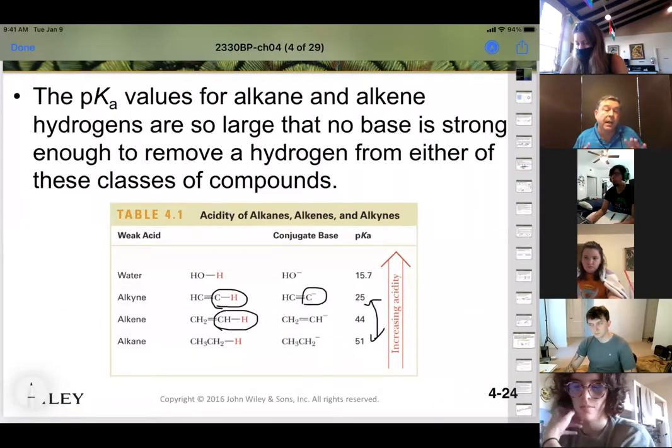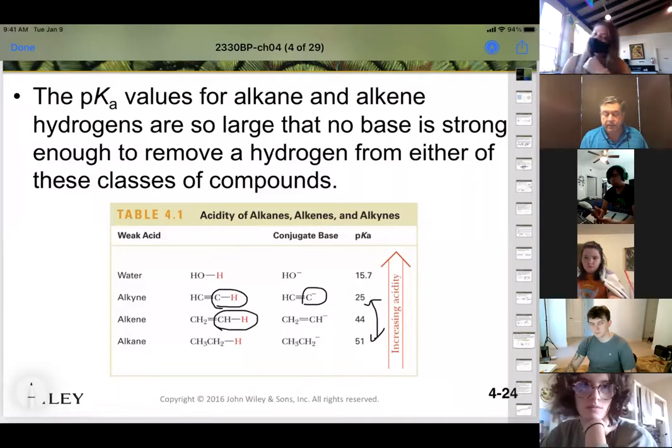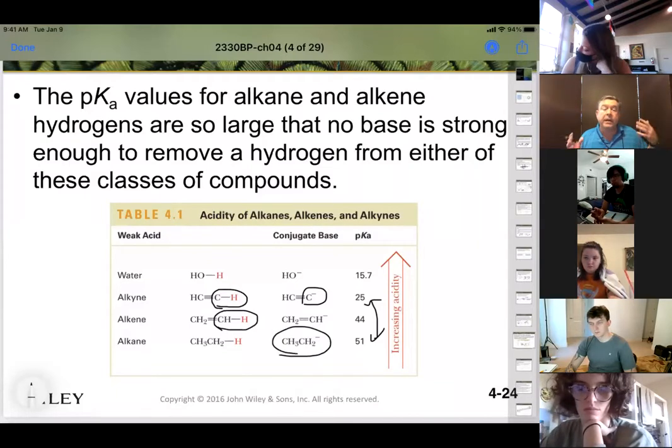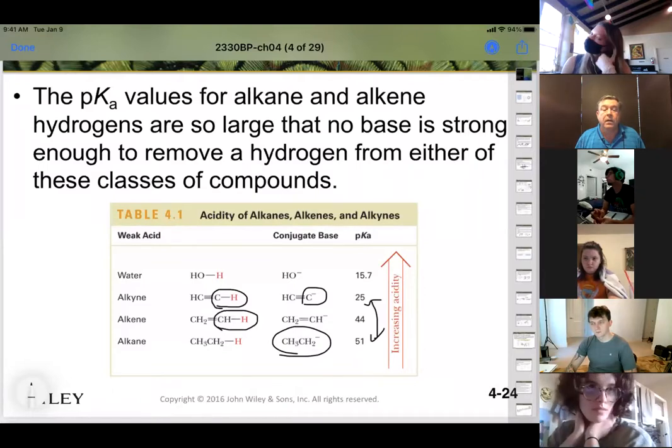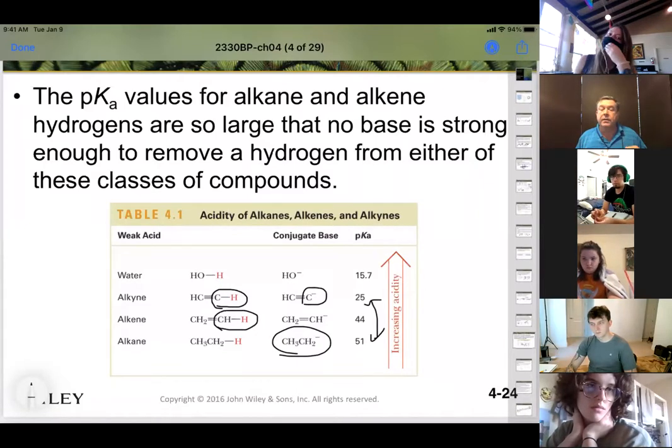That hybridization helps to make it more acidic, however, it's not as stable as the alkyne. And when we go down to that sp3 hybridized alkane, those are the least acidic compounds we are probably going to be dealing with. We have those very high pKa's, making them very weak acids. But in contrast, when we do form them, they're going to be really, really strong bases.